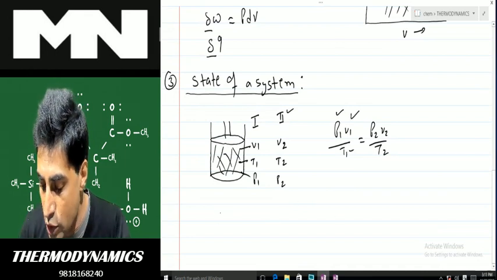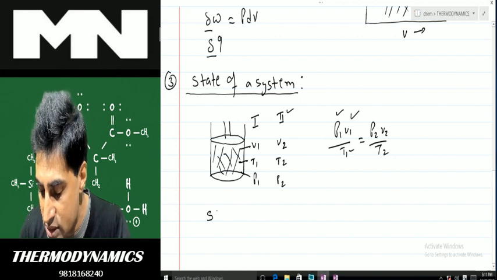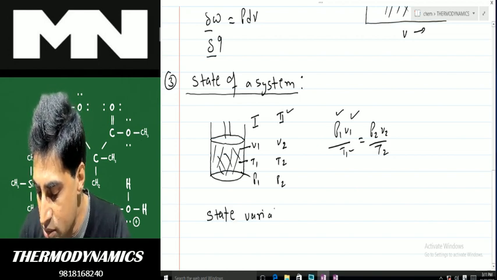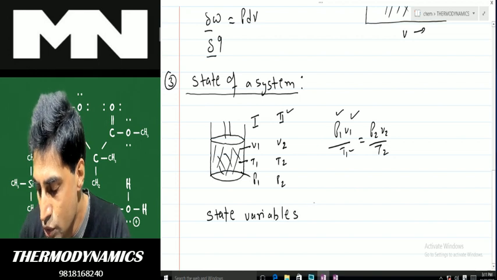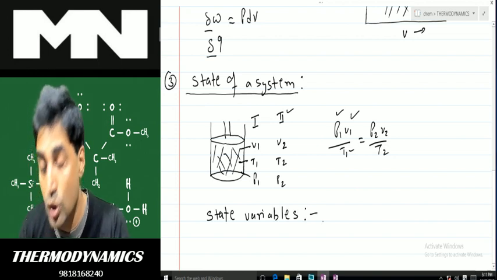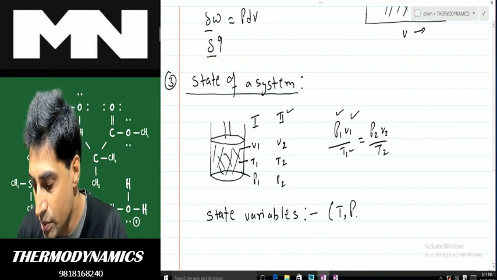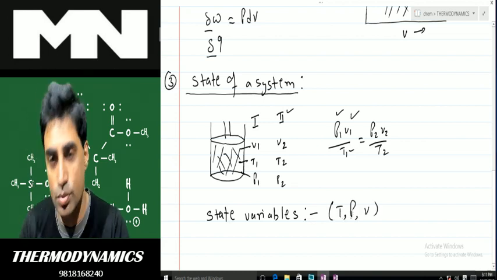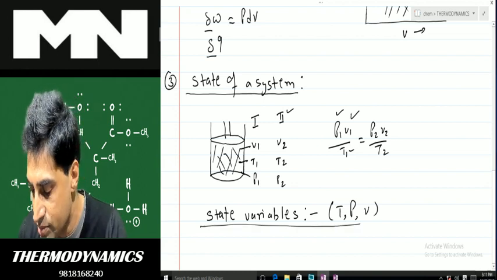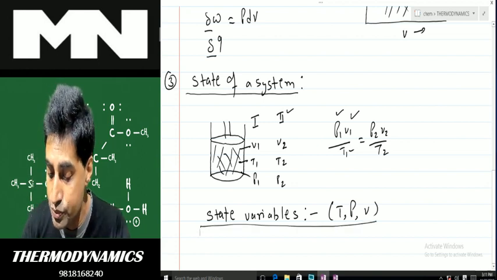That's why pressure, volume and temperature are known as state variables. State variables are those on which the state of a system depends, that is temperature, pressure and volume.